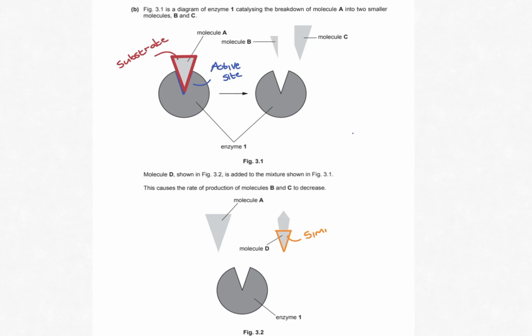Now we can see molecule D on figure 3.2 has a similar shape to the substrate, meaning that it can also fit into the active site. What this means is that molecule D is an inhibitor. Molecule D will attach to the active site. This will cause the active site to be occupied, and molecule A will no longer be able to attach and be broken down into molecule B and C.